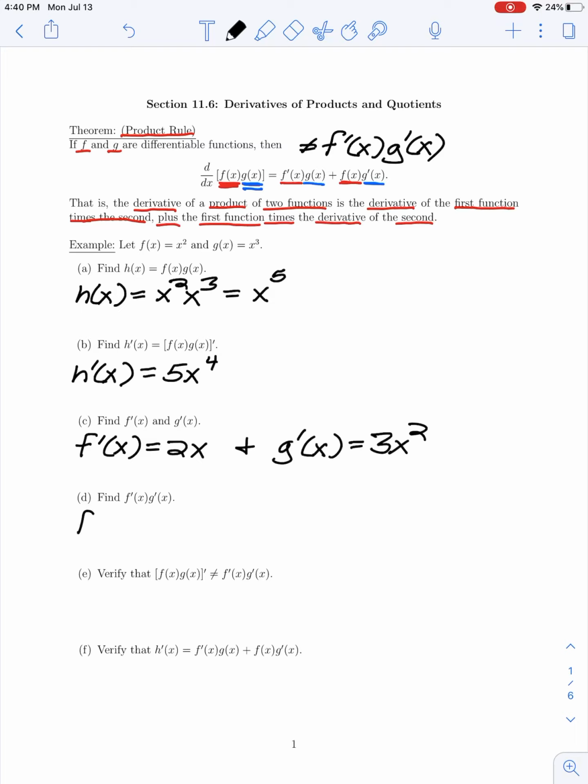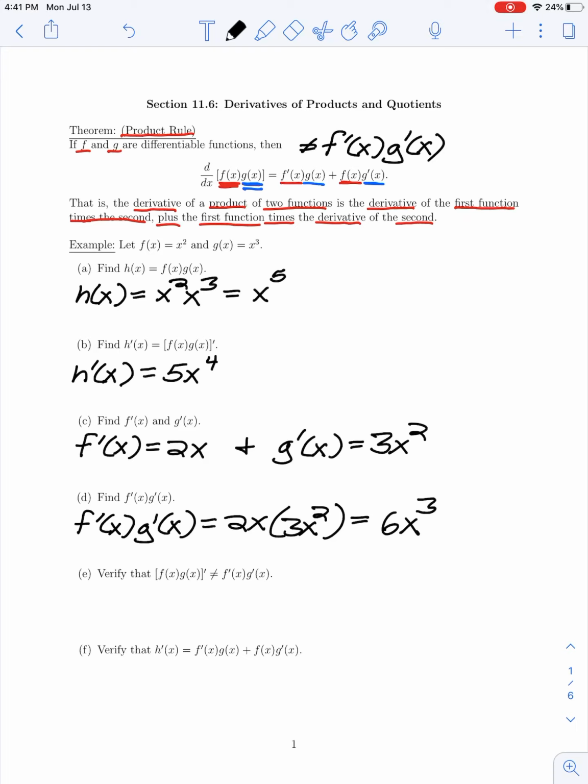So here, f prime of x times g prime of x is the product of 2x and 3x squared. So multiplying our constant terms, the 2 times 3 gives us a 6, and then our x to the first times x squared is x cubed.